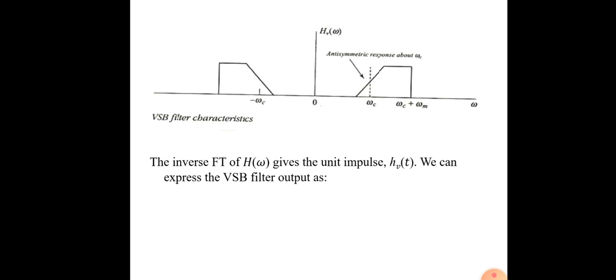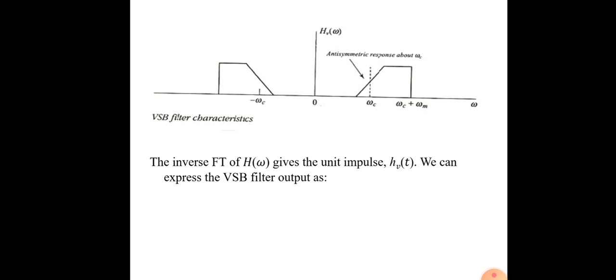Okay, the inverse Fourier transform of H of omega gives the unit impulse. We already know from signals and systems that whenever we apply the inverse Fourier transform, H of omega provides the small h_v of t, the impulse response of H of omega.